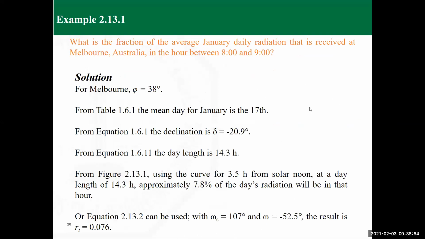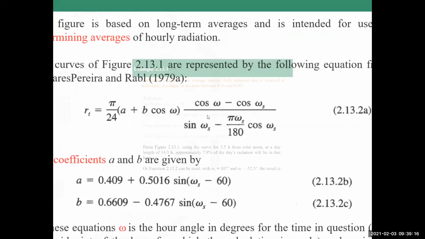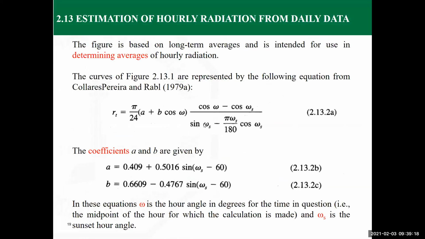So for 3.5 hours from the solar noon at a day length of 14.3 hours, approximately the ratio is 7.8. So 7.8% of the radiation is going to be in that hour. Or you can use the equation, the correlation that we have seen in the previous figure. We are talking about an hour angle, so you substitute the hour angle for 8:30 in the morning.